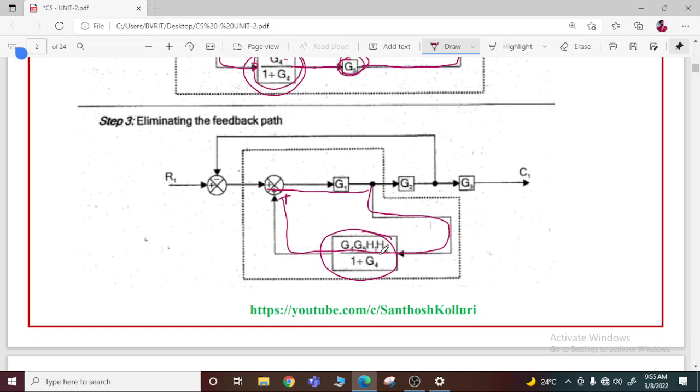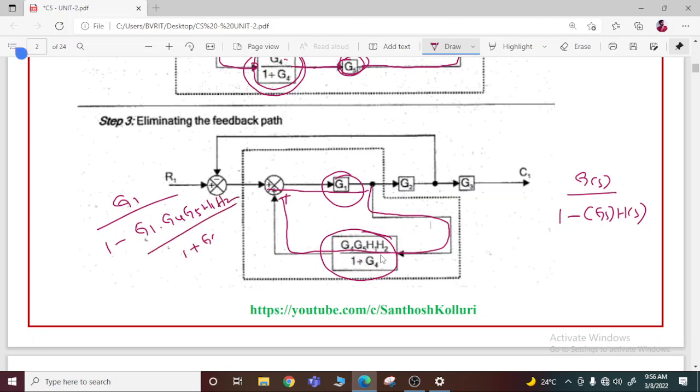Then what is the formula for positive feedback? G of s by 1 minus G of s into H of s. So for negative feedback it is plus, for positive feedback it is minus. So simply do the calculation. This is your G of s, that means G1, divided by 1 minus G1 into this H of s, which is G4, G5, H1, H2 divided by 1 plus G4.